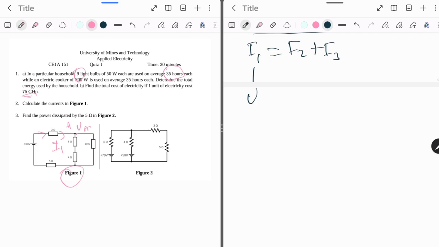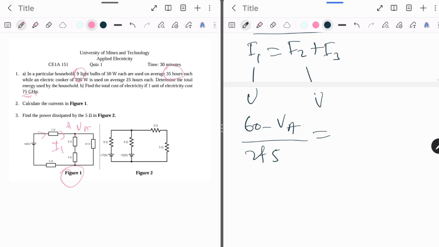So we take where the current is starting from, which is the higher voltage, minus where the current arrives at the node, which is the lower voltage. So we take the difference. I'm going to write 60 minus VA over the sum of resistances in that particular branch. So I have 2 ohms and 5 ohms, so it's going to be 2 plus 5.